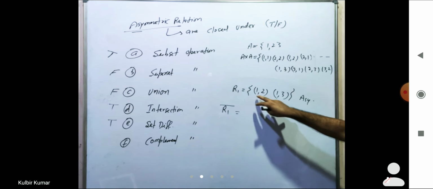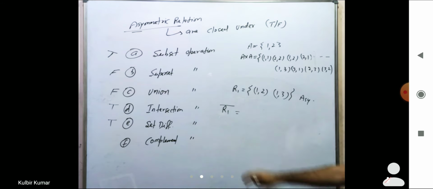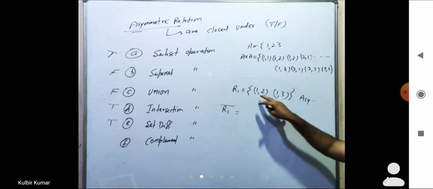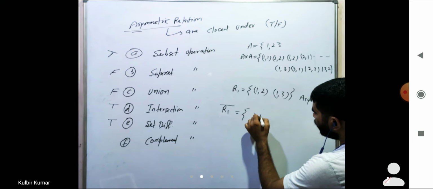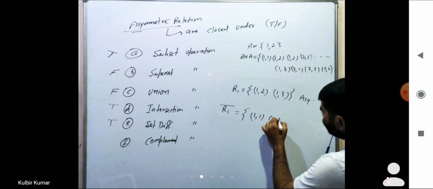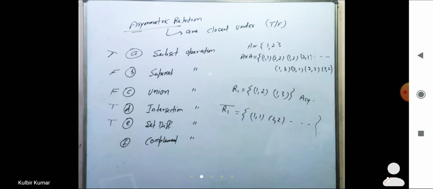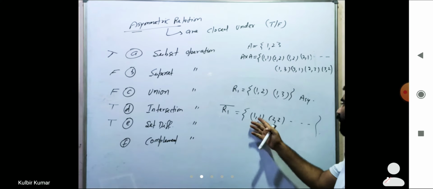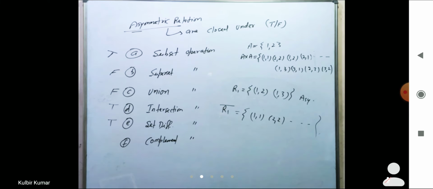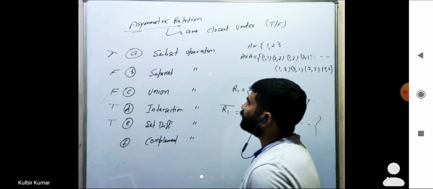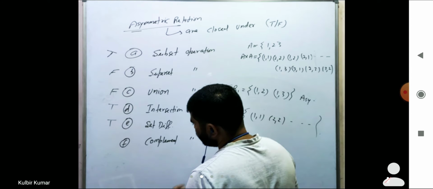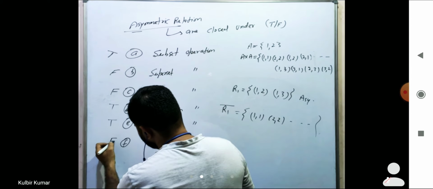Other than these ordered pairs, meaning ordered pairs like (1,1), (2,2) will also come, right? Such ordered pairs are not allowed in case of an asymmetric relation, meaning diagonal ordered pairs are not allowed in an asymmetric relation. So finally we can say this is the counter example, and asymmetric relations are not closed under the complement operation. So this is false.